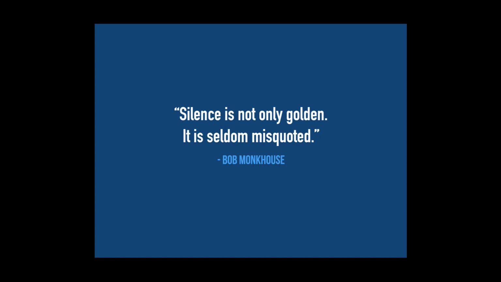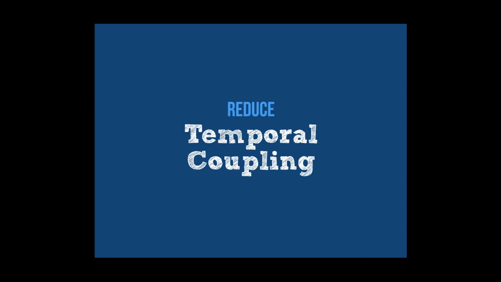All systems need to coordinate and communicate in some way, but being a bit cautious about it can really help. And it's also really important to reduce temporal coupling. It's one way of implementing this, and temporal decoupling really helps break down the need to have components available at the same time to actually do work.